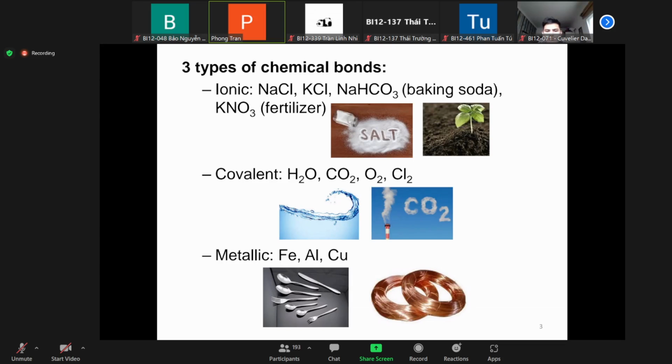In this class, we will focus mainly on ionic bonding and covalent bonding. For the case of metallic bonding, you may want to refer to the textbook, and maybe we will have some questions later.